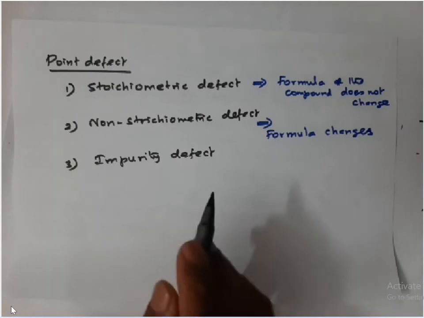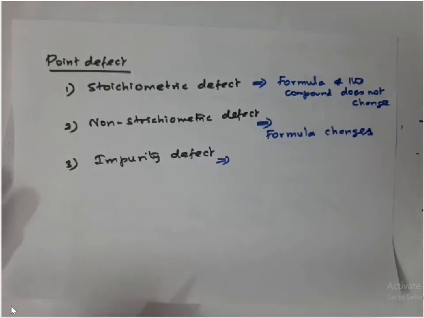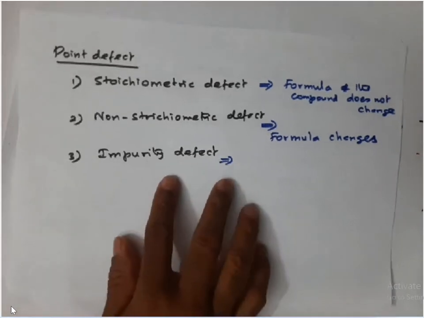What is impurity defect? In impurity defect, we add some impurity purposefully to the pure crystal and make it an impure crystal. The defect that we make due to the addition of impurity is what we call impurity defect.